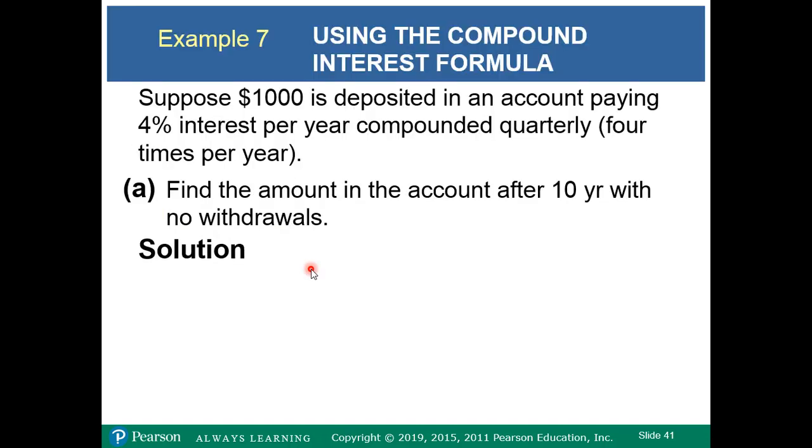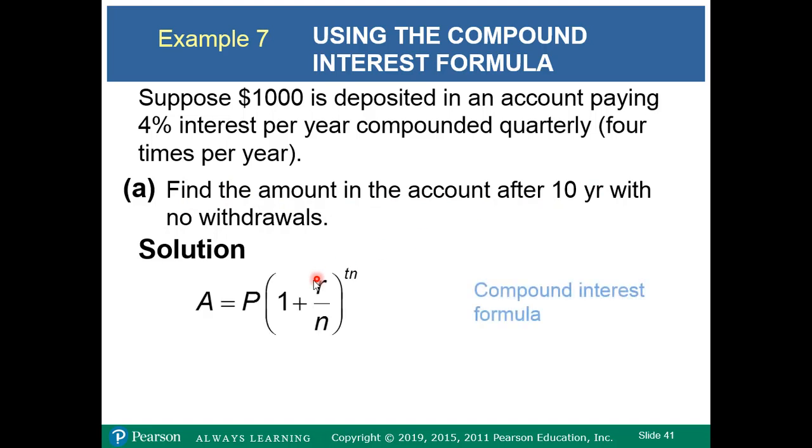Okay, so here, suppose that you deposit $1,000 in an account paying 4% interest per year, compounded quarterly. Okay, so that's 4 times per year. Find the amount the account will have in 10 years. So now we're going to use the formula A equals P times (1 plus R over N) to the N times T power.